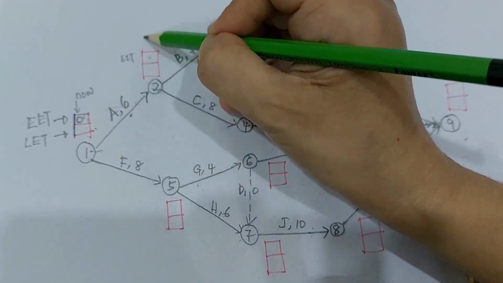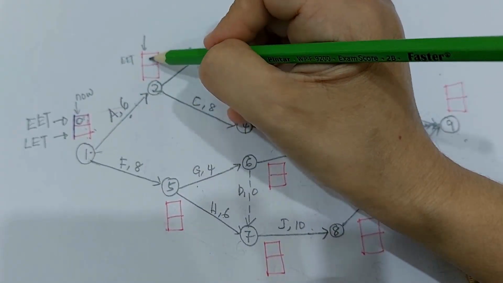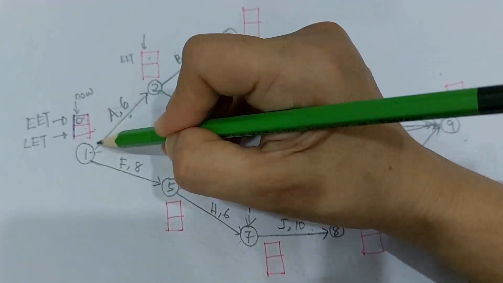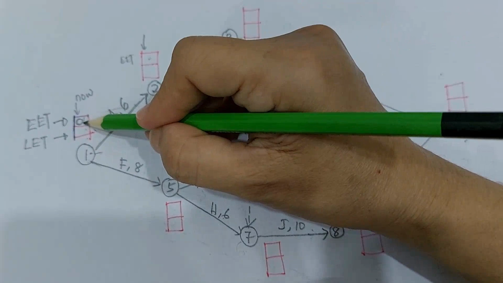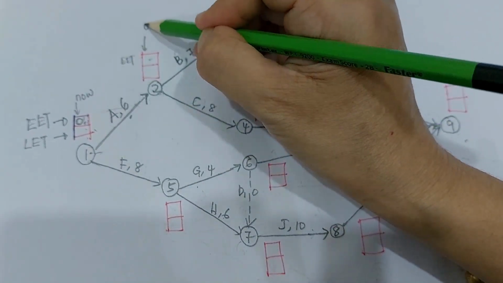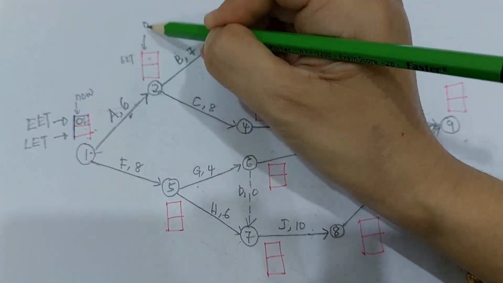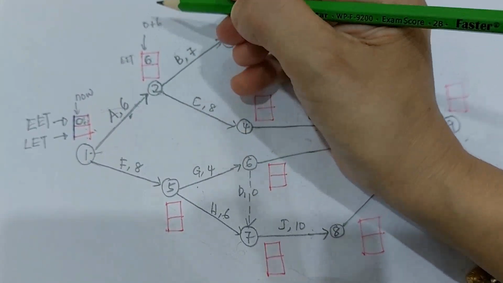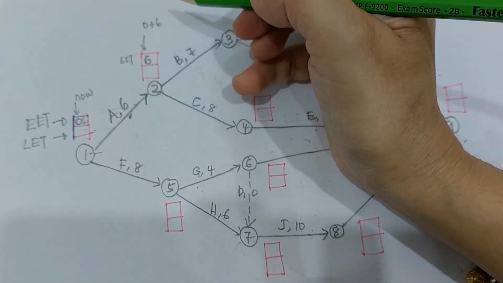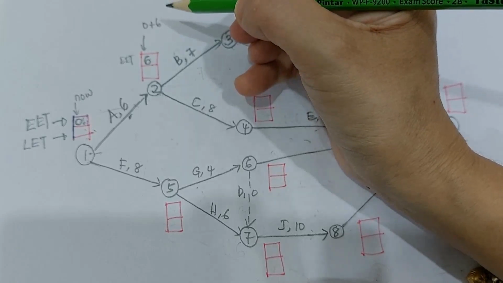In this case, for event number 2, this is the arrow or the activity. So we just take the previous EET, that is 0, plus the activity time, that is 6. So 6 will be over here. Okay, so that is for event number 2.